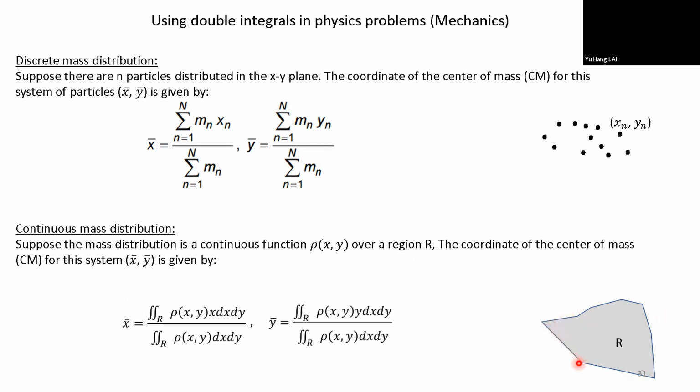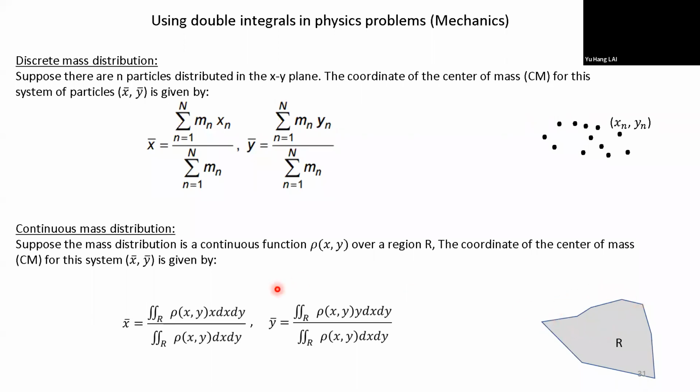This is the shape of my plate, and suppose the mass density at different regions of the plate has some variation. In that case, I will need to use a function rho, as a function of x and y, to describe the mass density of this plate at different points.